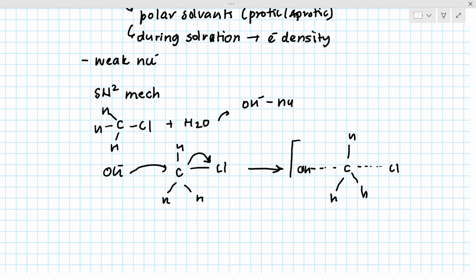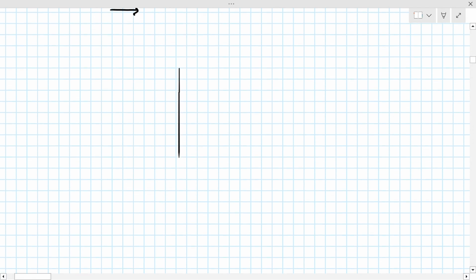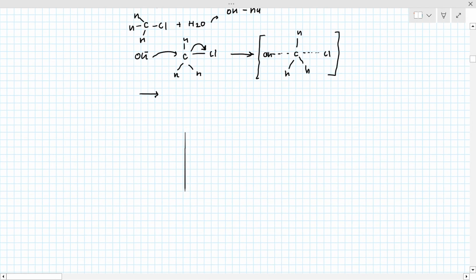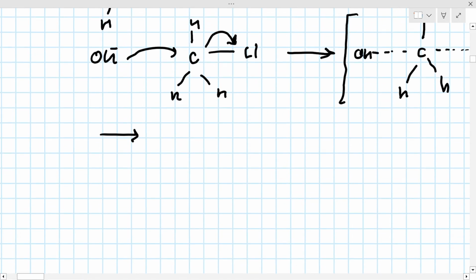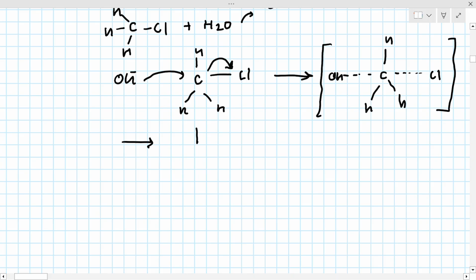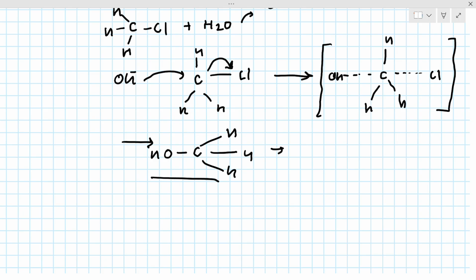Hence you have one intermediate formed in between, and then the next step follows, with the leaving group leaving and the nucleophile attacking. This is how things happen, and here you form an inverted product.